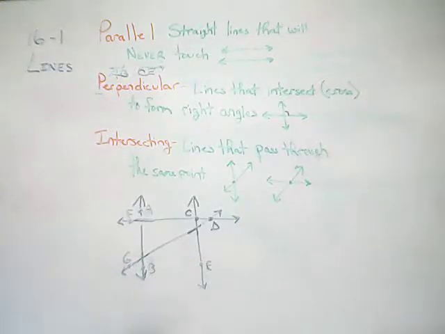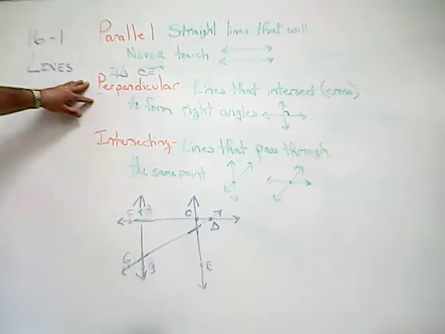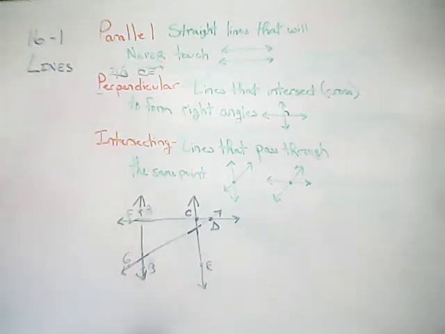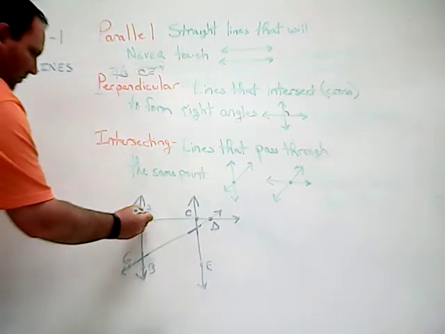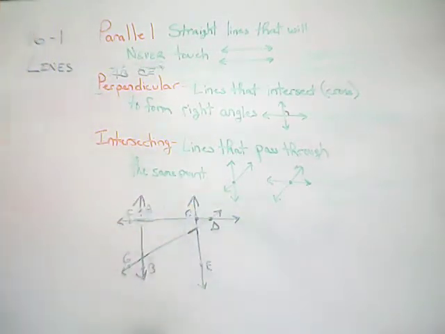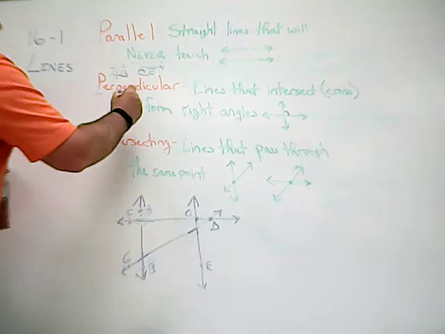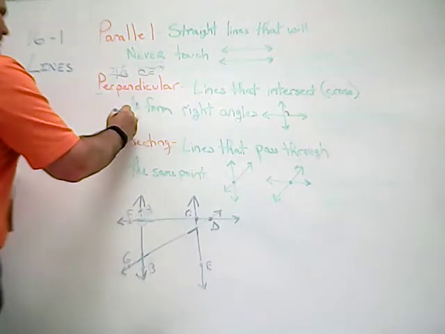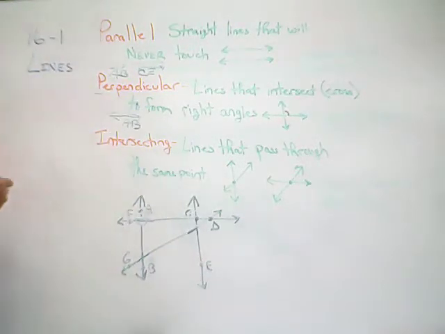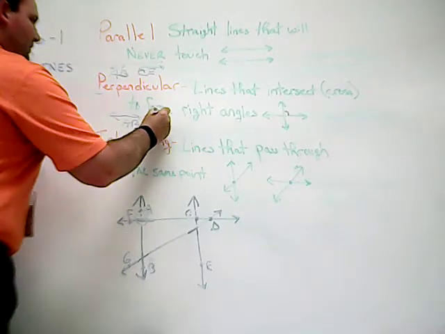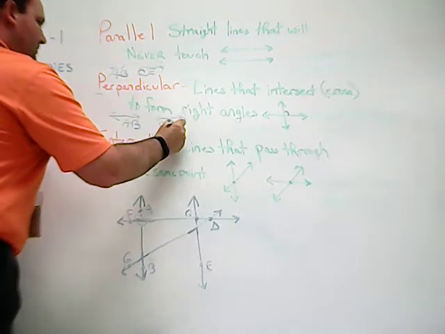Next, I want to find a set of perpendicular lines. Perpendicular lines, again, are lines that cross or intersect to form right angles. Well, I see right here, I have a right angle, and right here. So I have two choices here. I'm going to choose line AB, and that is perpendicular to line FD.